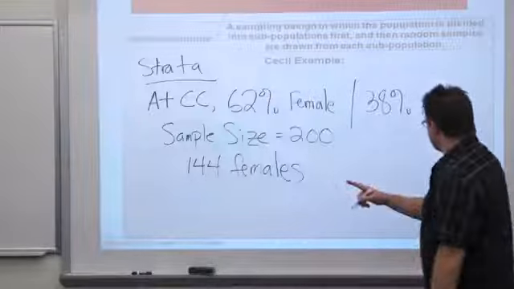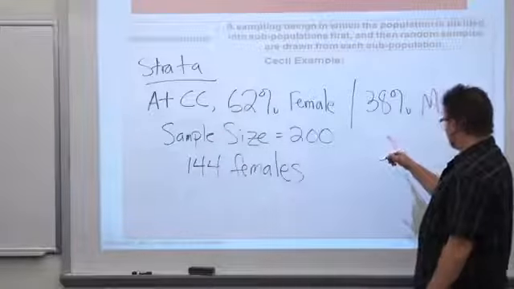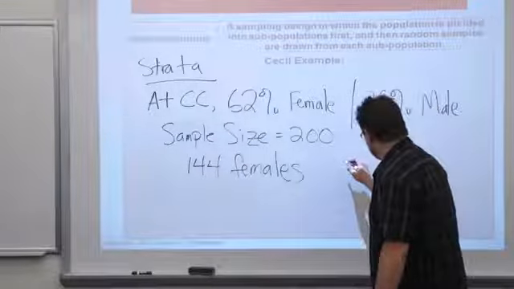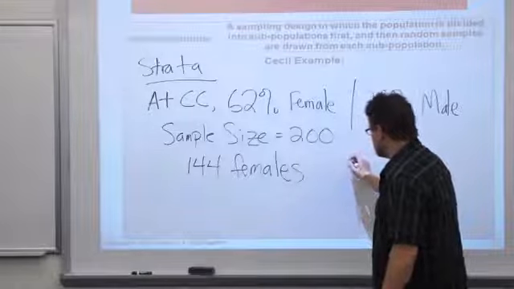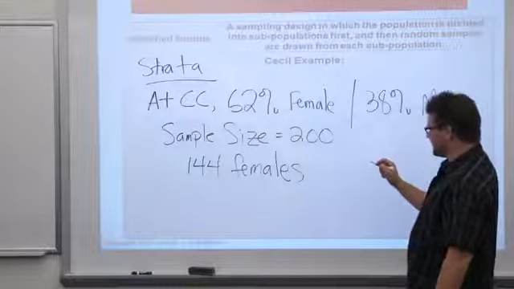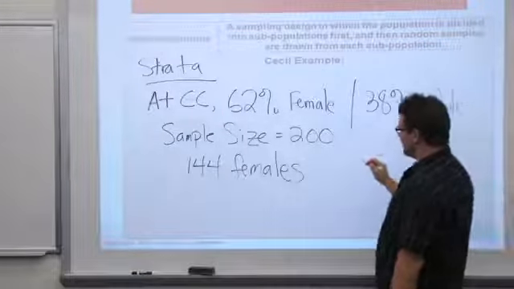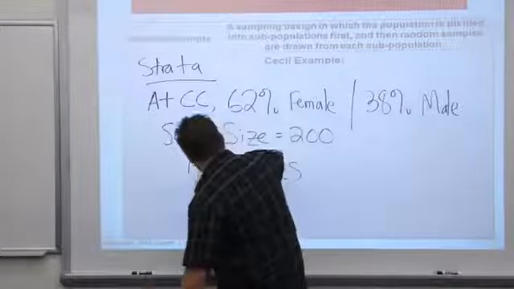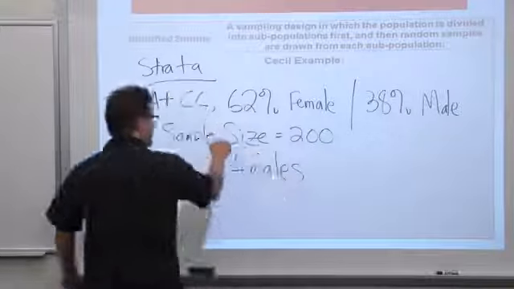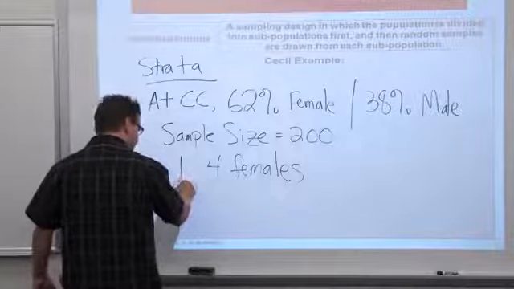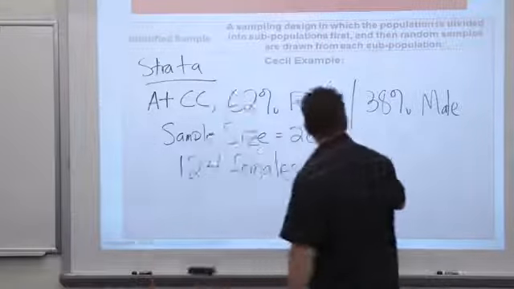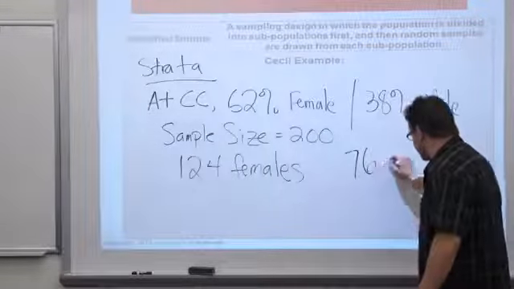And that'll leave the rest to be males. It's going to be about 66? Somehow we got up to 210 people here. Oh, what is this? Mistake here, 62% is 124 females, pardon me. And the rest would be 76 males.